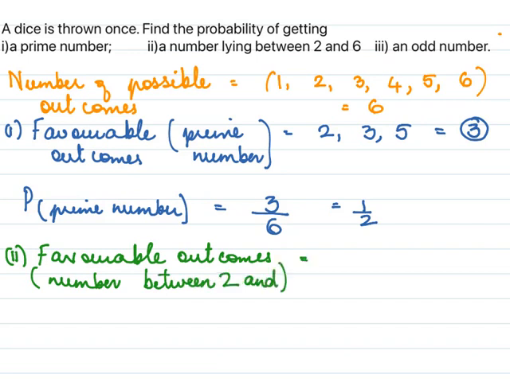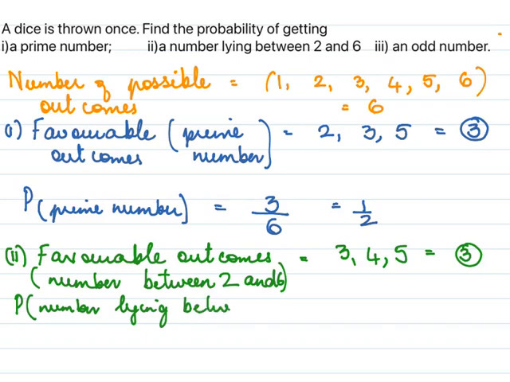The numbers between 2 and 6 would be 3, 4, 5. So, we have 3 numbers lying between 2 and 6. So, the probability of a number lying between 2 and 6 is equal to favorable outcomes over total outcomes, that is 1 by 2.